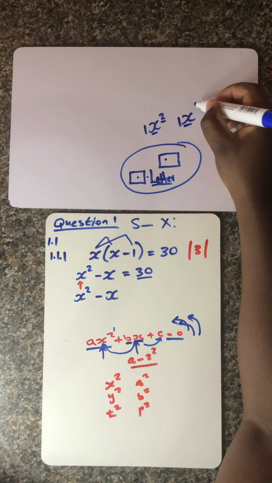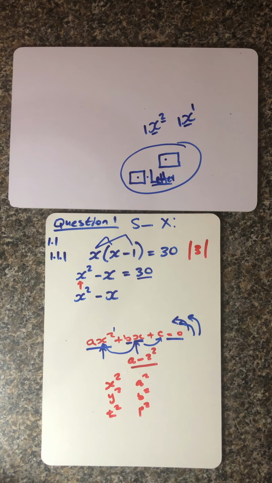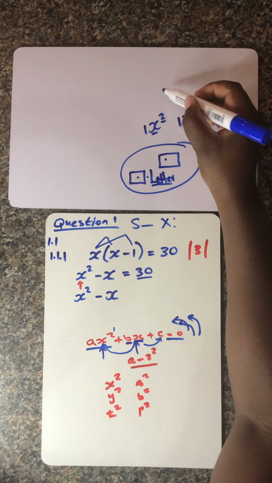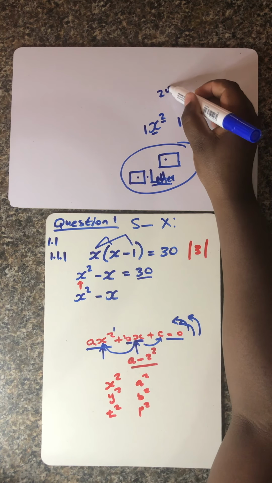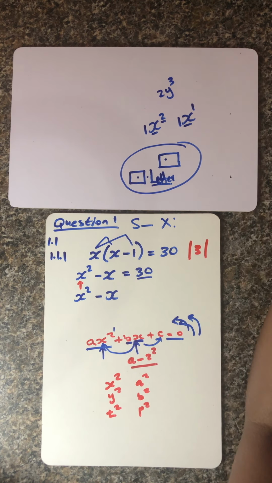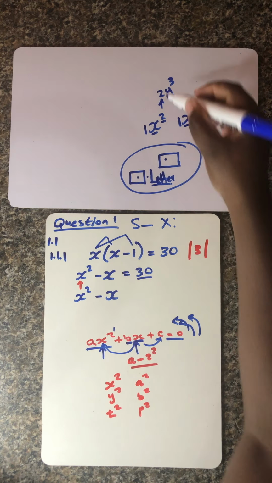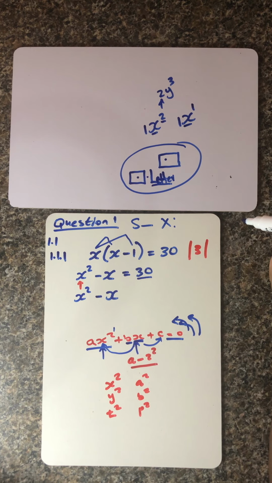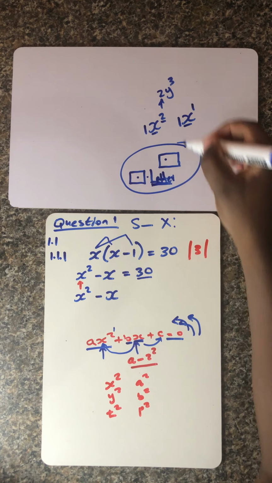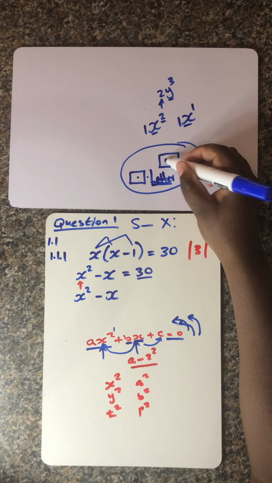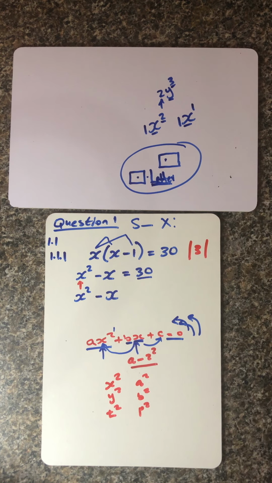It's 1, which is not really necessary for us to write because it makes no difference. So what if you've got 2y to the exponent 3? This one is straightforward. We know that position: we've got 2, the letter in this case is y, and the exponent is 3.